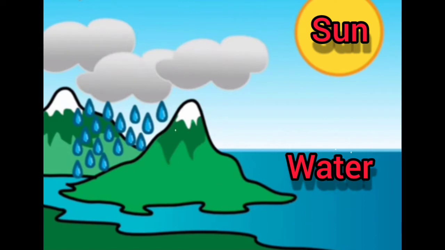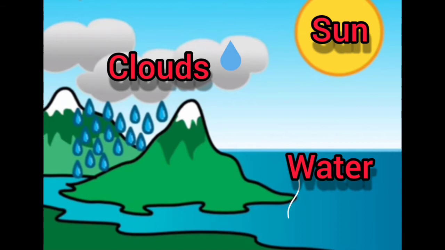Now, when the vapor goes up in the sky, small droplets of water go and sit inside the clouds. Now, here it condenses because it is very cold up in the sky, and it forms clouds.